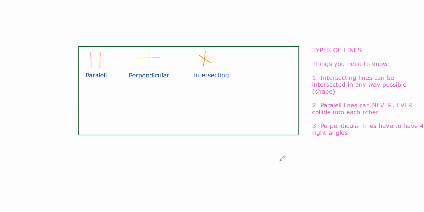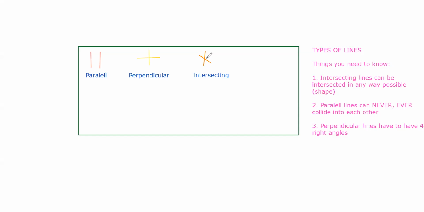Again, there are 3 things you need to know about types of lines. The first one says that intersecting lines can be intersected in any way possible. And this goes for shapes. So right here, there's intersecting lines drawn.